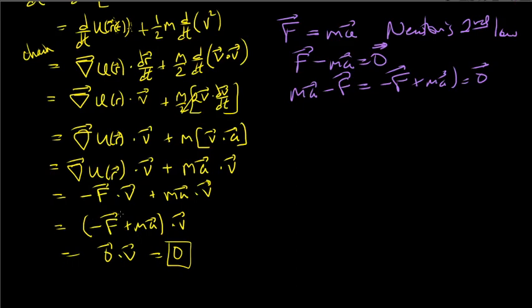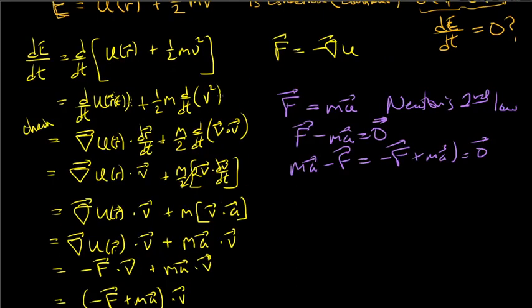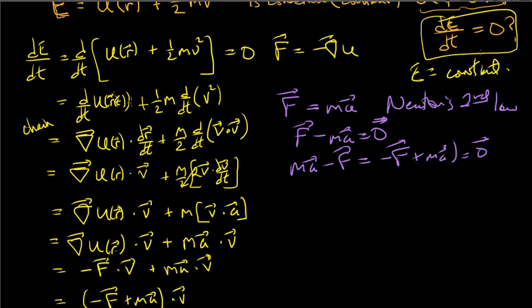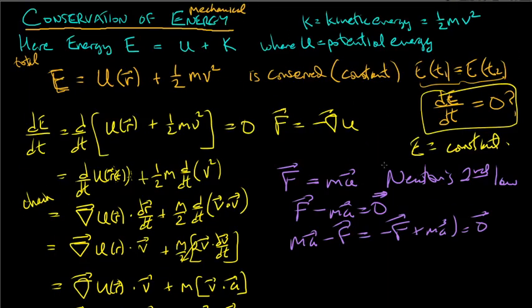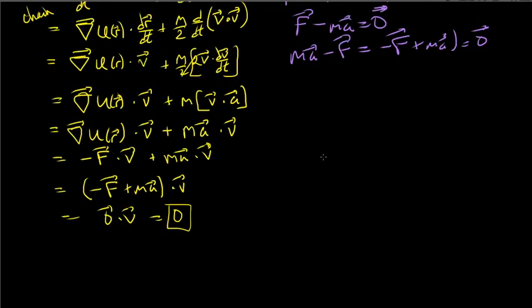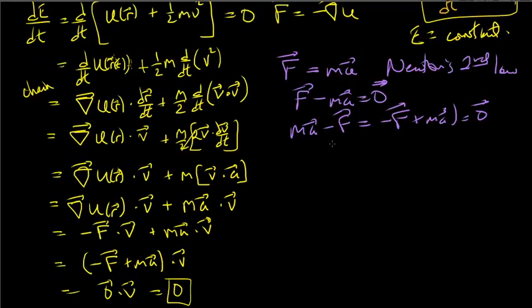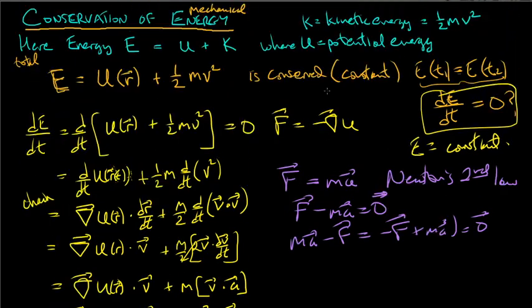So what did we just show here? We showed that the derivative of E is 0, which means E is a constant. E is conserved. The energy is conserved. I think that's pretty neat, that you can show conservation of energy. But notice that we relied on one very important object here, that the force is the negative of the gradient of u.